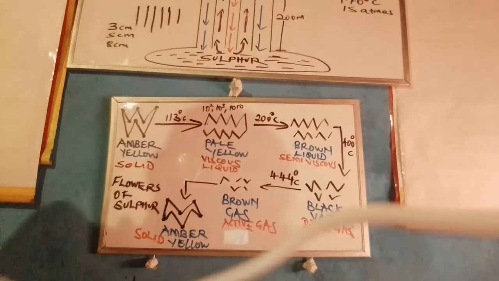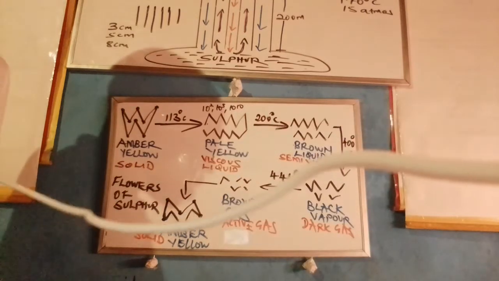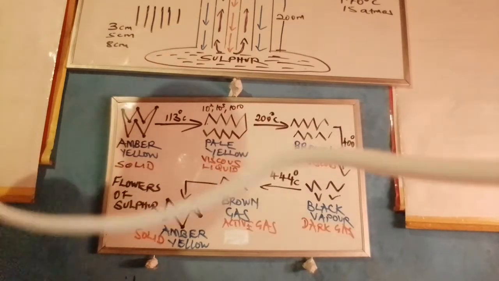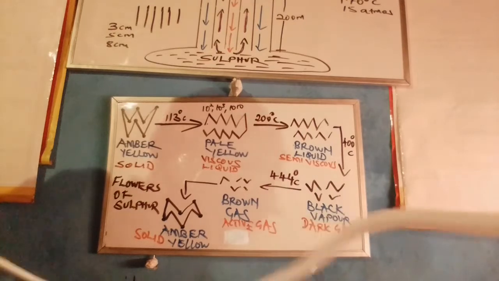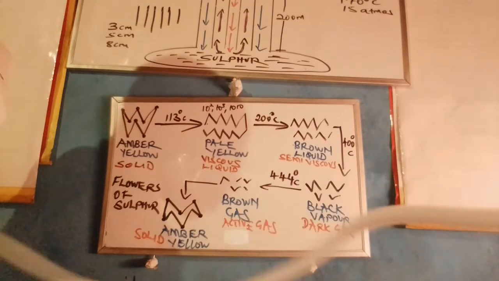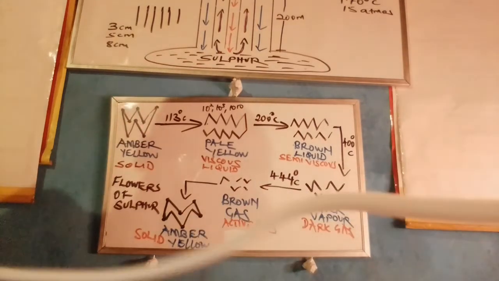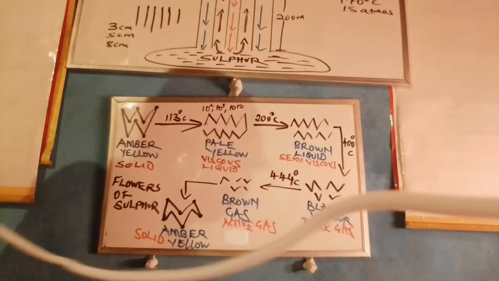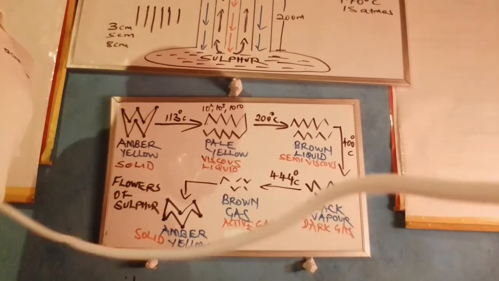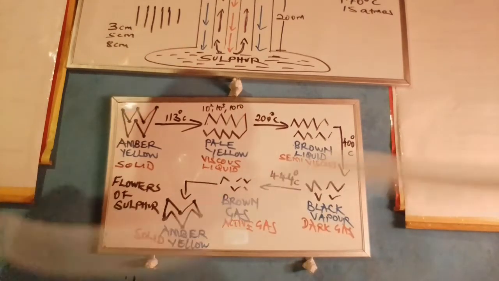So these dynamic processes by which sulfur changes its form, its nature, and color is referred to as the flowers of sulfur. Otherwise, we will also refer to the amber yellow sulfur deposit through sublimation process as the flower of sulfur.